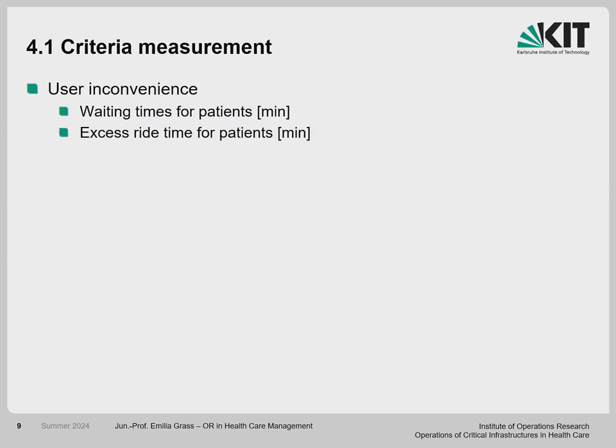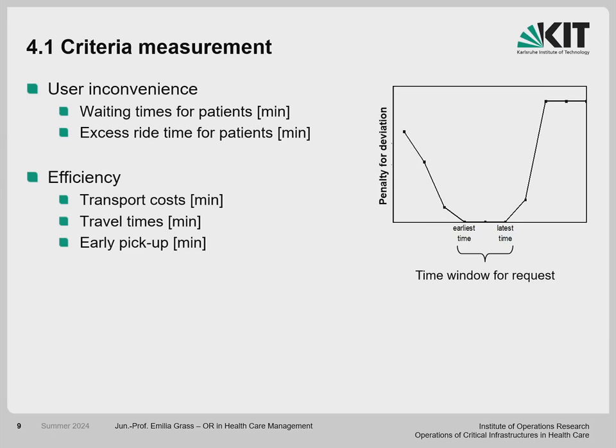Okay, when we look at these criteria measurements and we look at the user inconvenience, then we know that waiting times can be measured, or also access ride time, if they are transported too long in the vehicle, spending a lot of time in the vehicle. Both can be measured in minutes. On the other hand, we have efficiency.